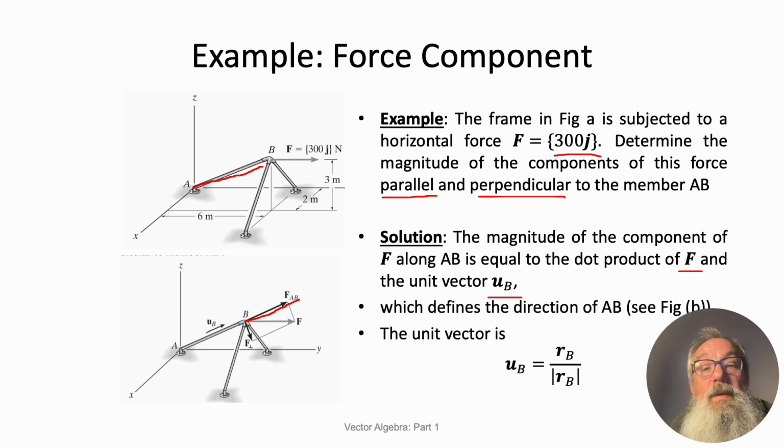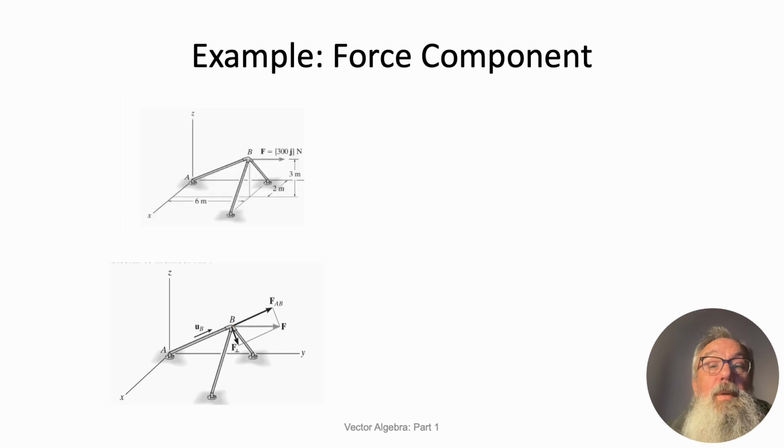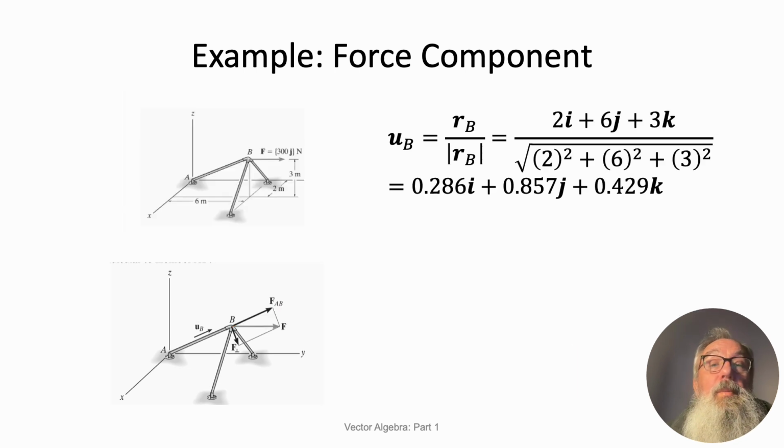Okay, so the unit vector along B is the vector position of B divided by the magnitude of B. Let's see this in numbers. So RB is 2I, 6J, 3K. So there's the 2, there's the 6, and 3 is the K.